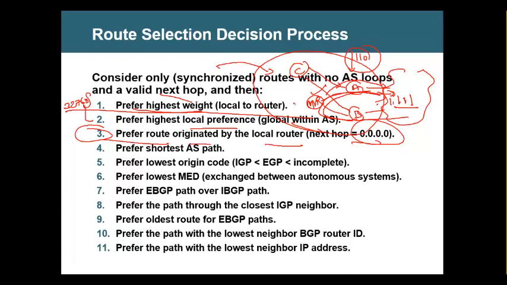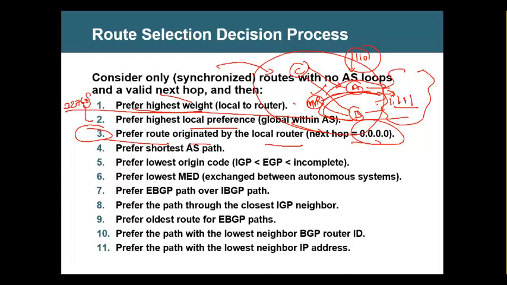Next. Only if there is a tie in the above 3, then it compares the path. If one path has got the shortest AS path than the other, if one path has got the shortest autonomous system hop count, the shortest AS path will be preferred.